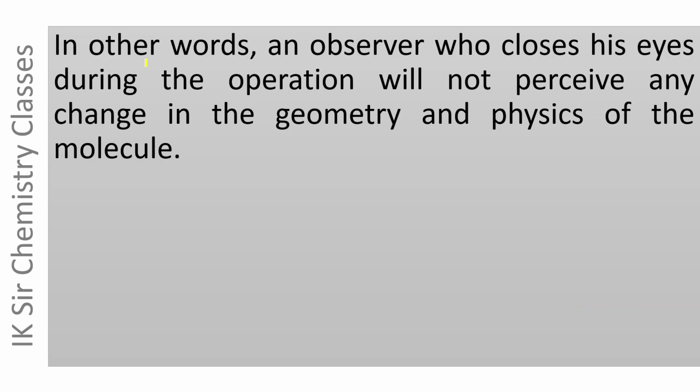In other words, an observer who closes his eyes during the operation will not perceive any change in the geometry and physics of the molecule. It means if an observer closes his eyes during symmetry operation, he will not observe any change in the geometry and physics of the molecule.